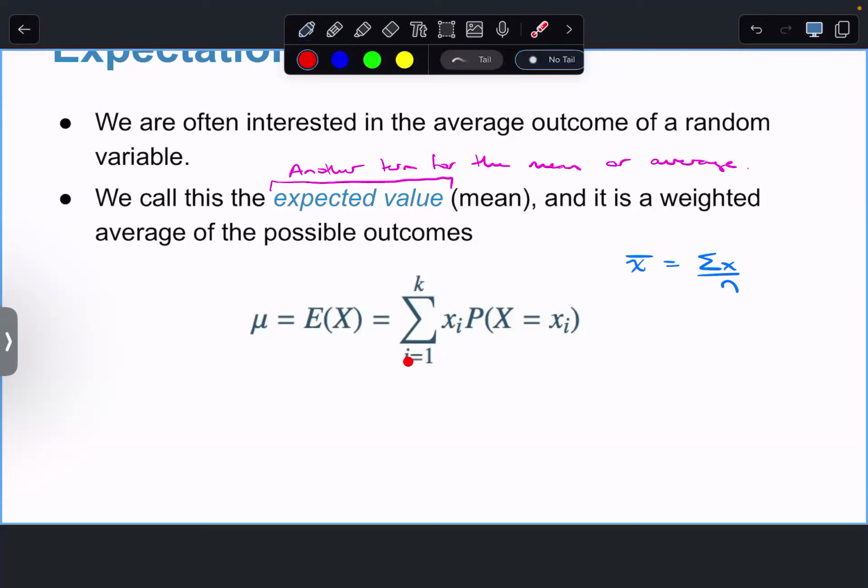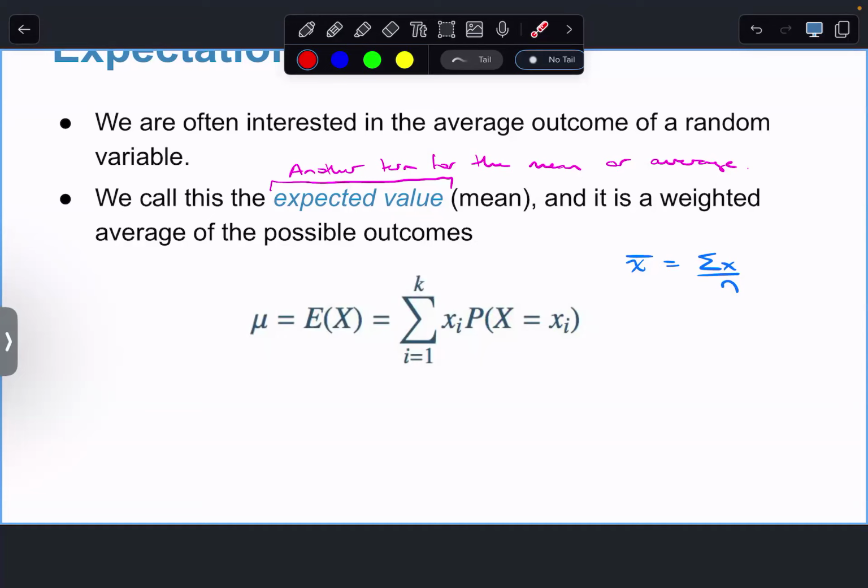I've been lazy and I've dropped these indices, right? i equals 1 to k, fine, of x, and then the probability of x equaling that value, okay? But they're actually the same, right? In this scenario here, right?